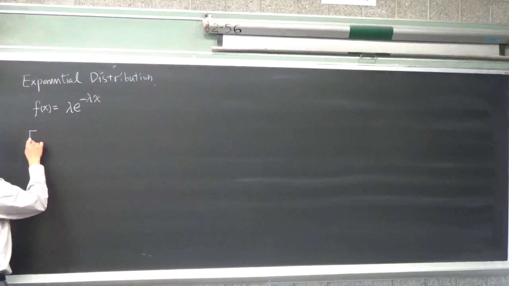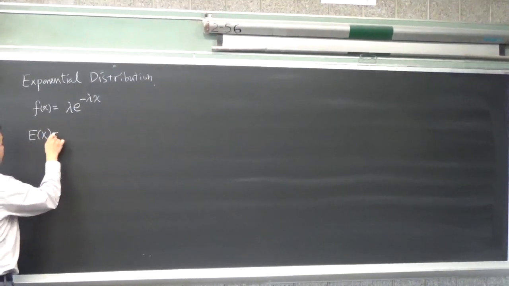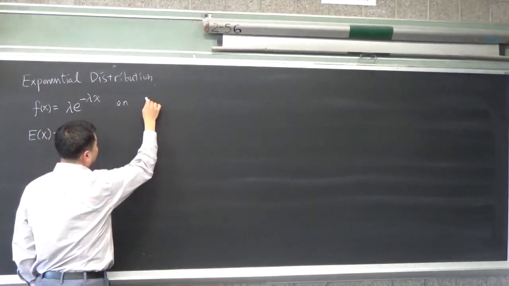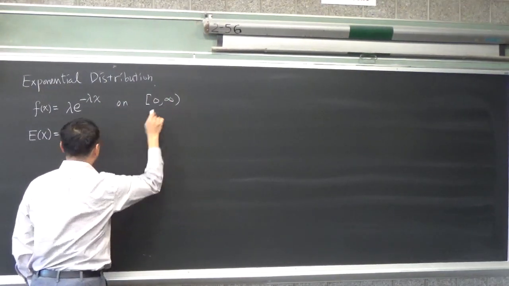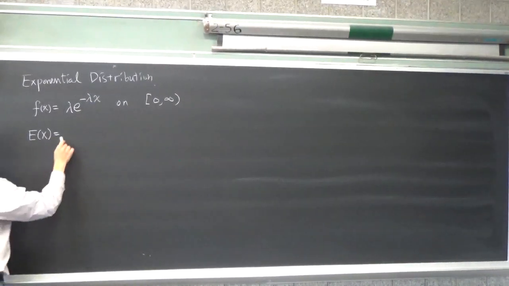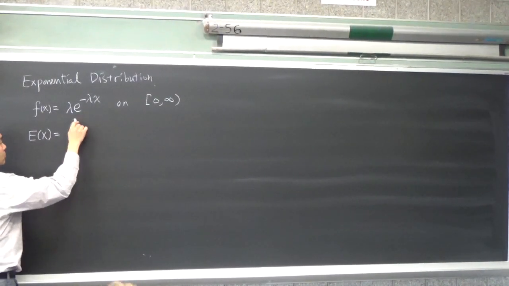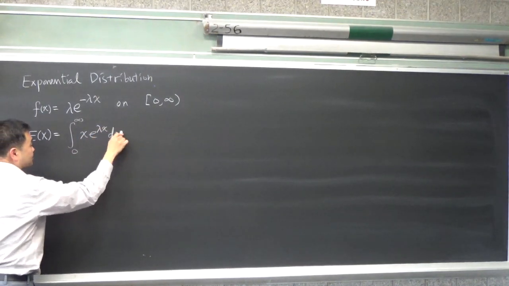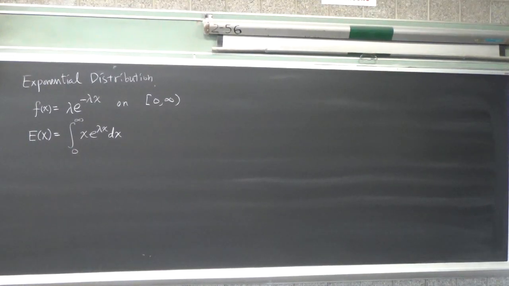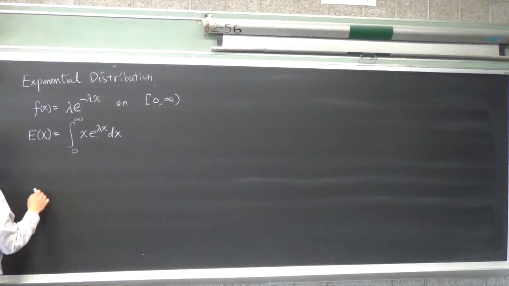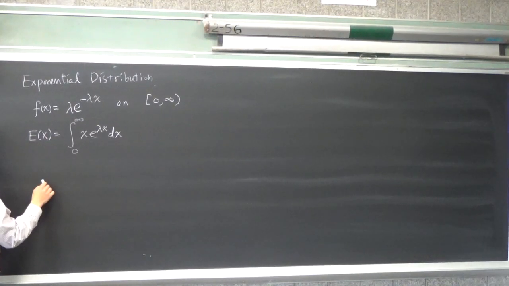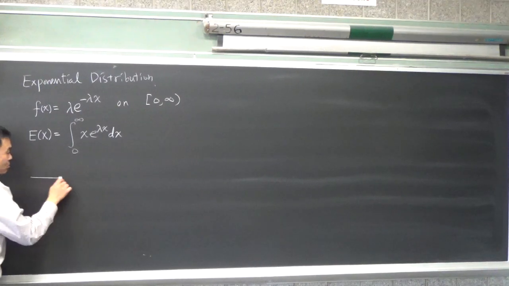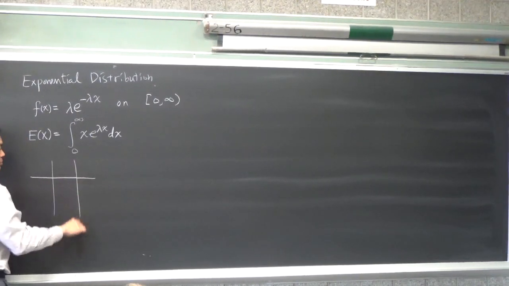So let's try to calculate the expectation value for this thing. The expectation value would be you integrate from 0 to infinity of x times lambda e to the negative lambda x dx, and then you have to use integration by parts for this, but my favorite is to use tabular instead of integration by parts.